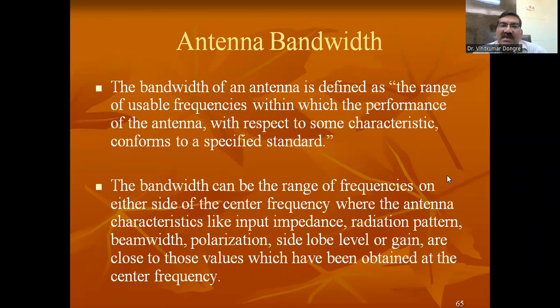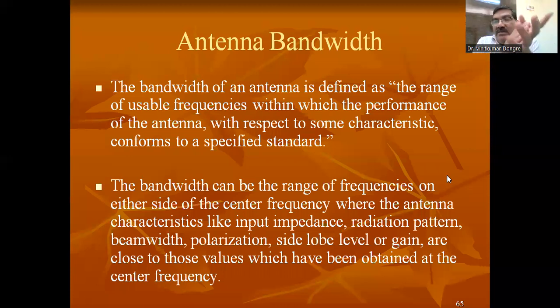of usable frequency within which the performance of the antenna with reference to some characteristic conforms to a specified standard. Now this is the general definition: the usable range of frequency for the specified characteristic.